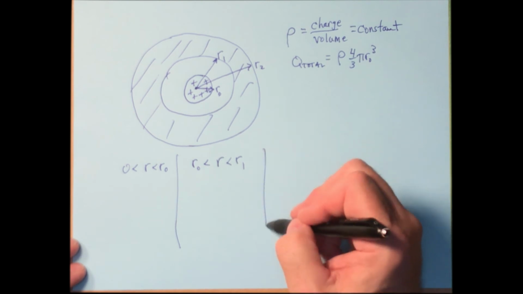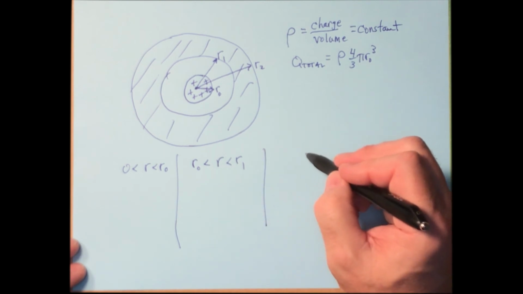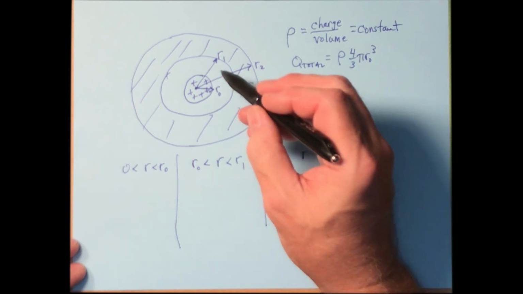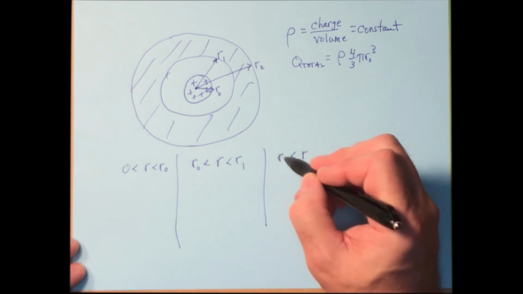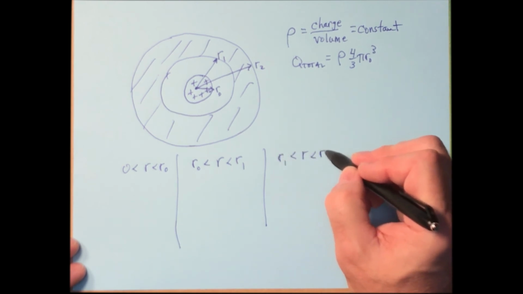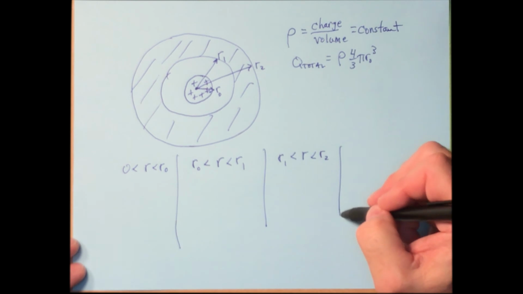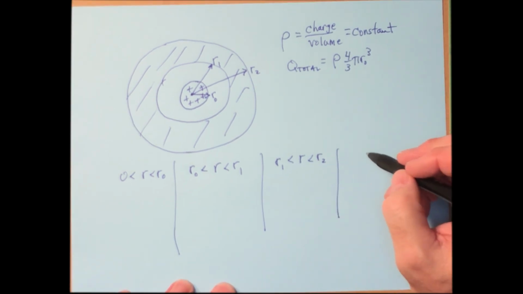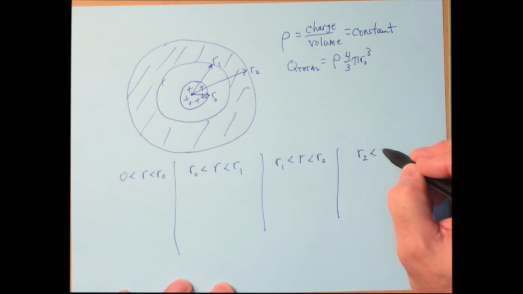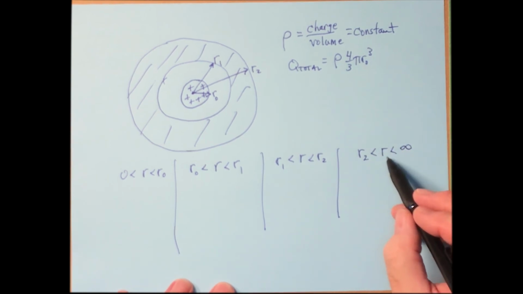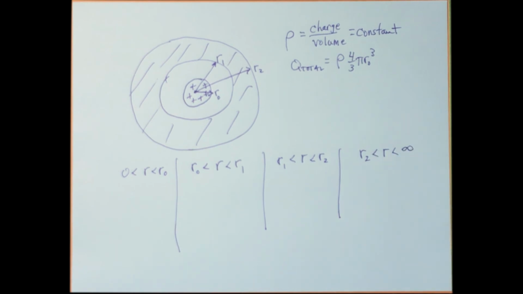We'll need to work it for that. And then we'll have a variable radius that's somewhere between R1 and R2. We'll need to work it again for that. And then we'll have a radius that's between R2 and infinity. So a radius that's just bigger than R2. And we'll have to work it again for that.